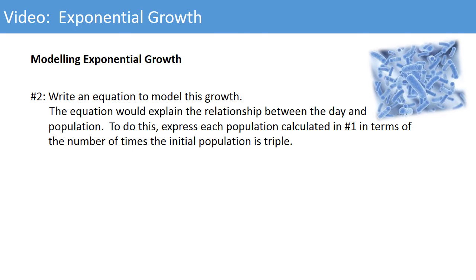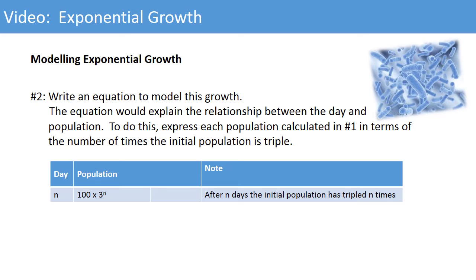We can then take this relationship between the day and the population to create a formula. So on day n, which could represent any day in our sequence, the population would be 100 times 3 to the exponent n.